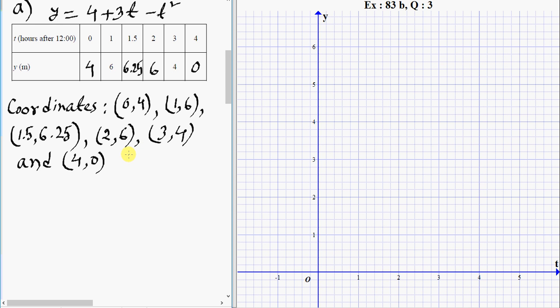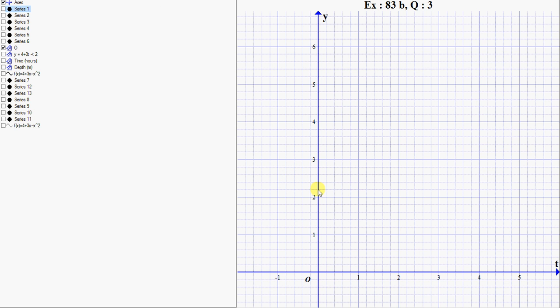So we have to plot these points on this graph paper. So this graph is about depth versus time. This is depth and time in hours.